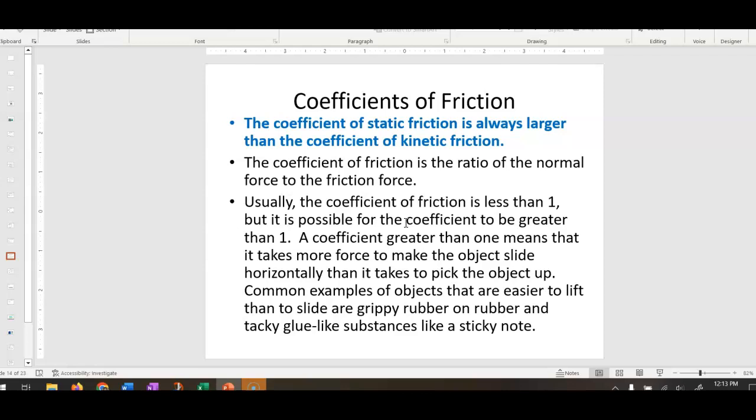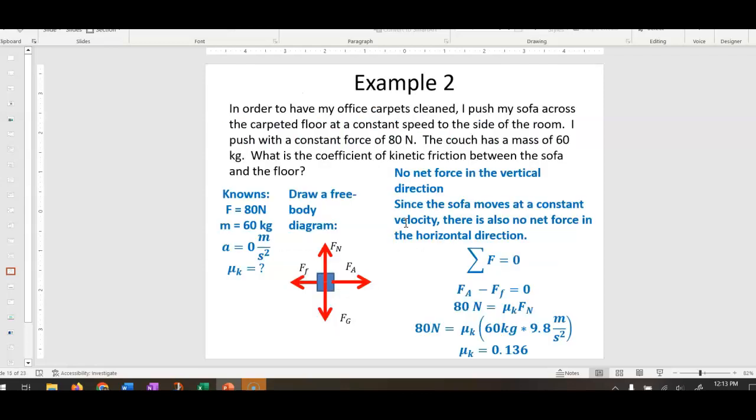So think of things like a sticky note, for example. That has a coefficient of friction larger than 1. When you have a coefficient of friction that's larger than 1, it means it takes more force to make the object slide than it does to just pick it up. Okay?